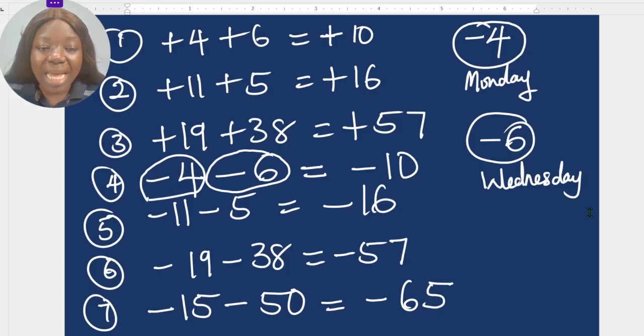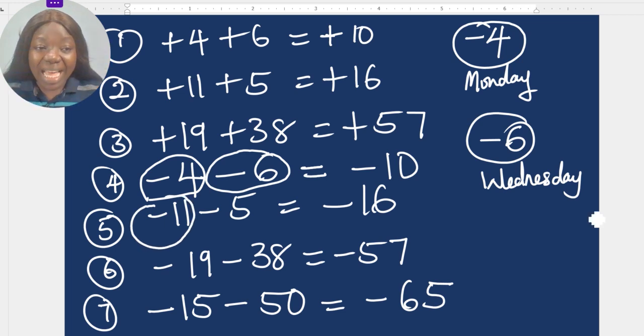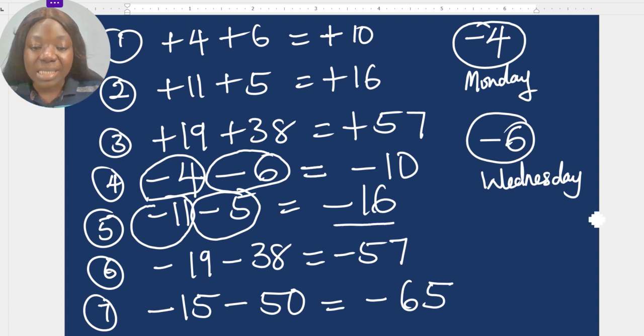So that's to tell you that anytime you have a negative number, just take note of it that yes, owing, and you're having two negative numbers to be added together. Minus 11 minus 5 is minus 16, right?